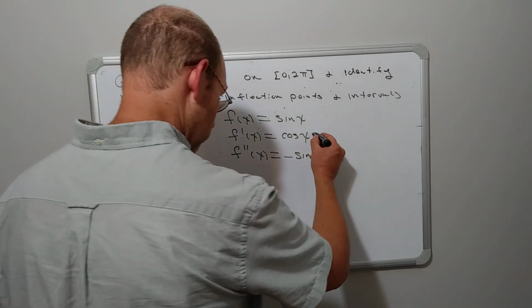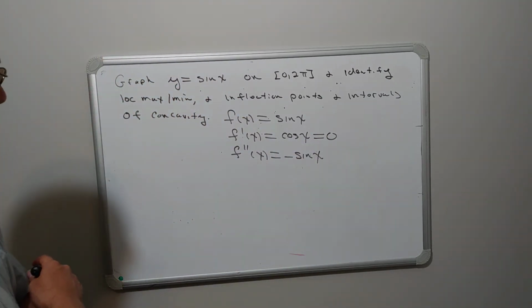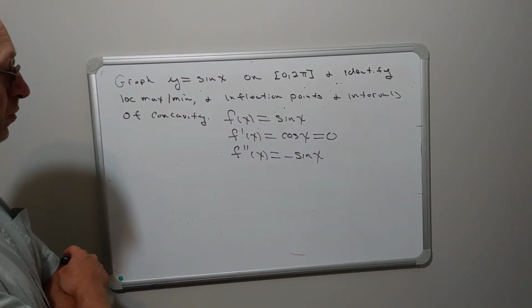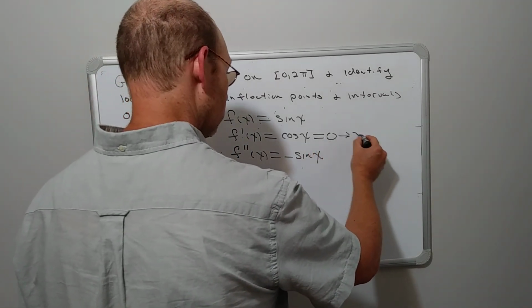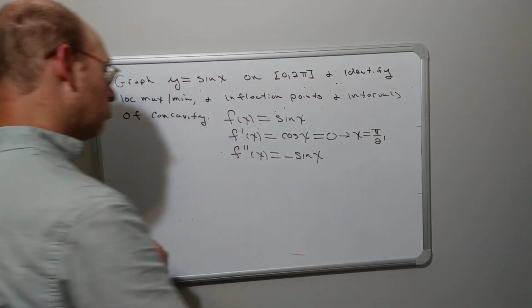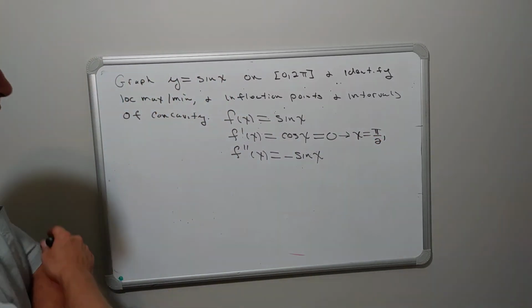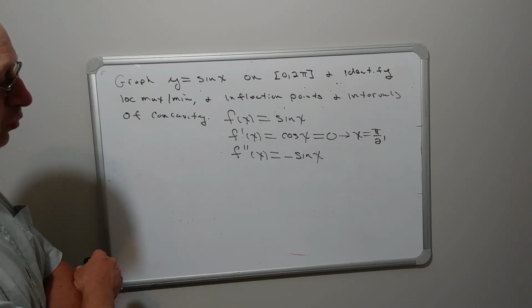So we set the cosine equal to 0. Well, the cosine is equal to 0 at x equals pi over 2, right? 90 degrees. And 3 pi over 2, right?